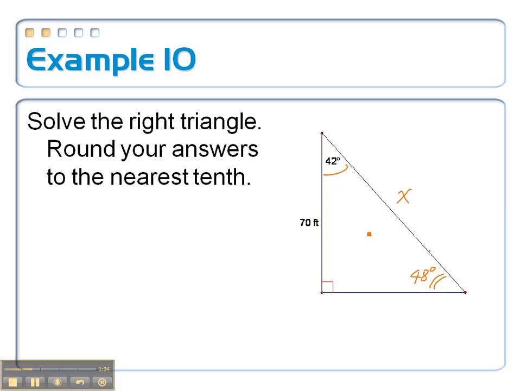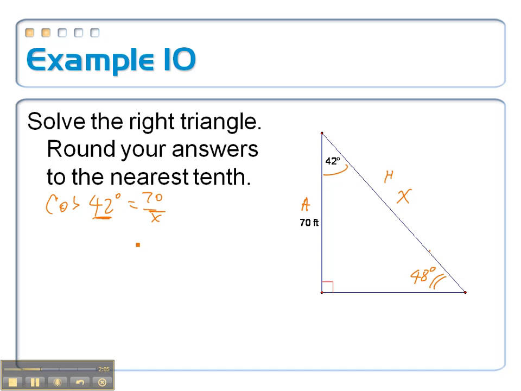I'll call that x. With the 42, that's the adjacent side. X is the hypotenuse. A over h is cosine. So cosine of 42 degrees is equal to adjacent 70 over x. Now, notice that we're not finding an inverse here because we already have the angle. We're finding a side, so this is just regular good old-fashioned cosine.